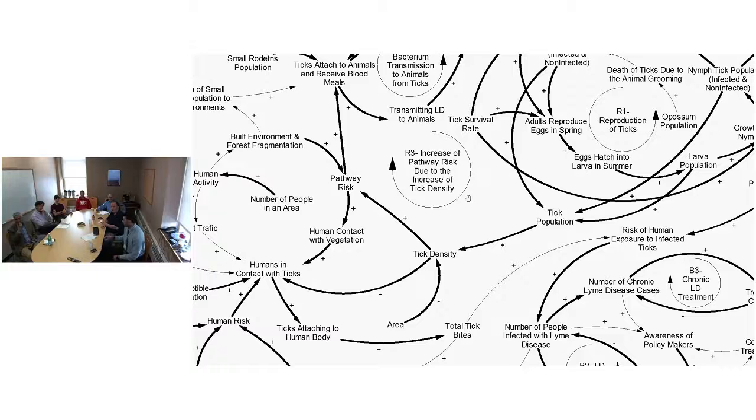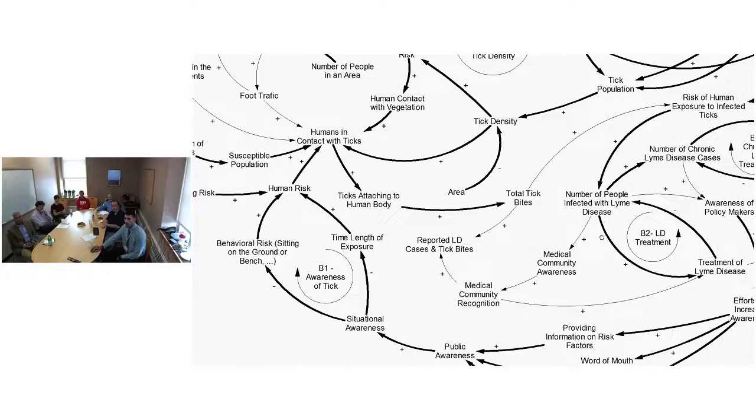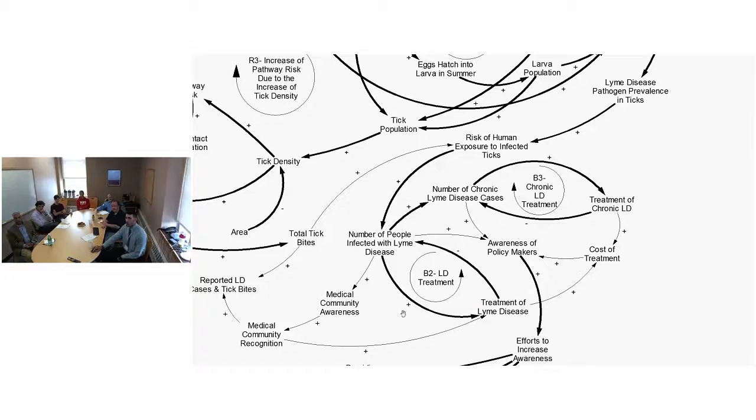In Binghamton University, we have considered 22 different walkways, and in each walkway we have gathered the data for ticks, rodents, and human risk. So when the number of ticks and infected rodents increases in the walkway, definitely the risk of getting Lyme disease in those walkways increases.